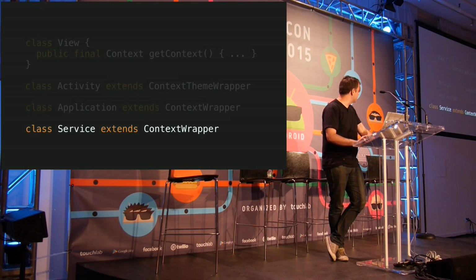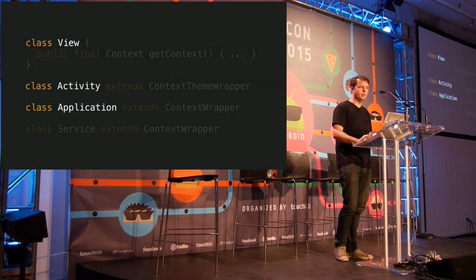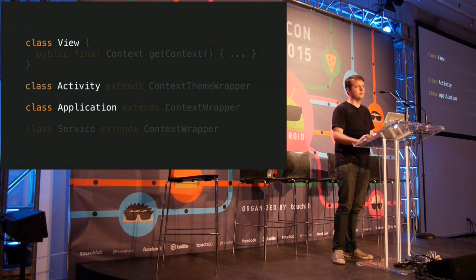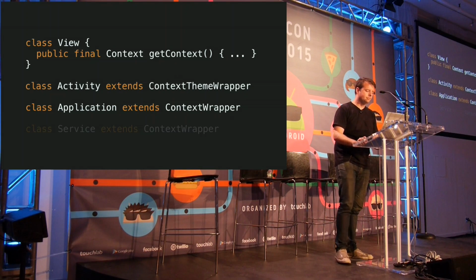Incidentally, so is service. Now, this is not the system service, obviously, that context refers to. This is the background-y stuff that you use when you want to do something headless or respond to intents or whatever. It's not really interesting for the purposes of this talk. We want to focus on the UI mostly, so we're going to ignore it from here on out. Just remember that some of the same stuff applies.